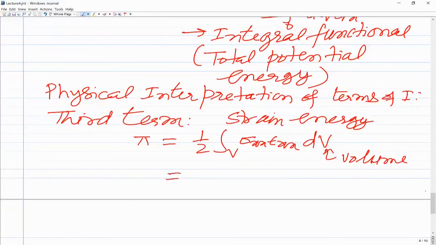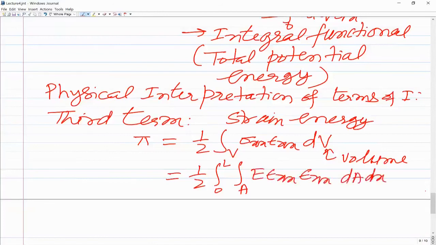So this is the starting point for the strain energy: half of sigma xx into epsilon xx, and integration over volume. The integration over volume can be split into two parts: integration along length 0 to L, and integration over the cross-sectional area. Sigma xx is nothing but E into epsilon xx for a linear elastic body. So sigma xx is E into epsilon xx, into epsilon xx, and dV can be written as dA into dx, where dx is along length and dA is the cross-sectional area. The product of the two gives the differential volume dV.